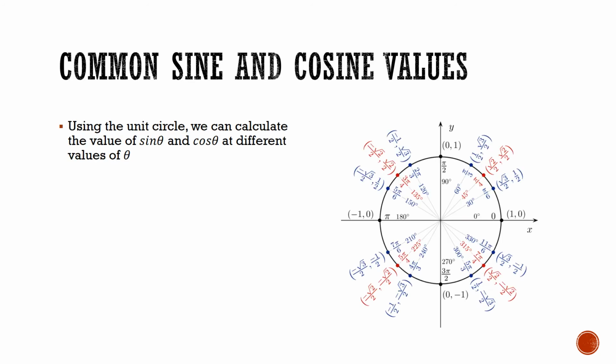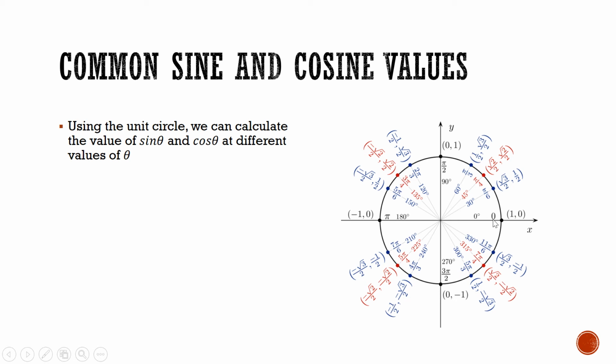All right, so the unit circle is really good for knowing a bunch of different values, and I'll show you that in a second. But for you guys to memorize, the only thing that we're really interested in is that at 0 degrees or 0 radians, x is 1, y is 0.